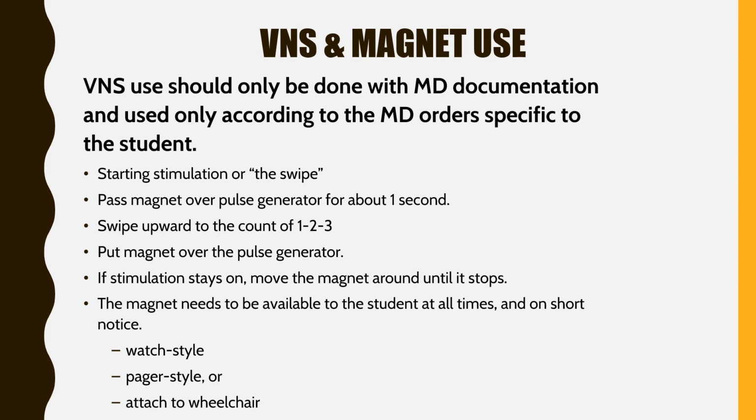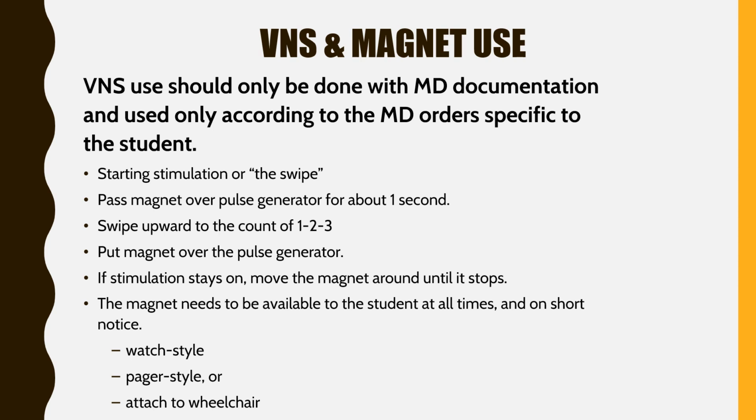VNS and magnet use. A VNS should only be done with MD documentation and used only according to the orders specific to the student. Starting stimulation or the swipe, pass the magnet over the pulse generator for about 1 second. Swipe upward, count 1, 2, 3.